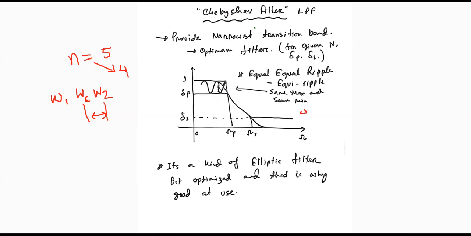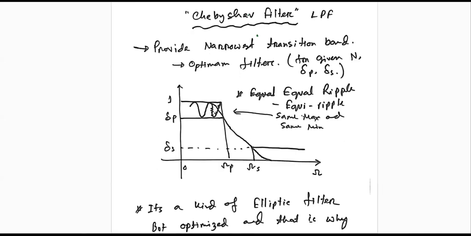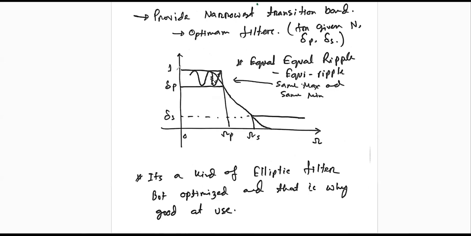The Chebyshev filter is very popular. In different ways we can represent it; all are the same, but in different forms. So the maximum is 1. This is just to show the maximum value. This is the pass band, this is the stop band, and this is the transition band.